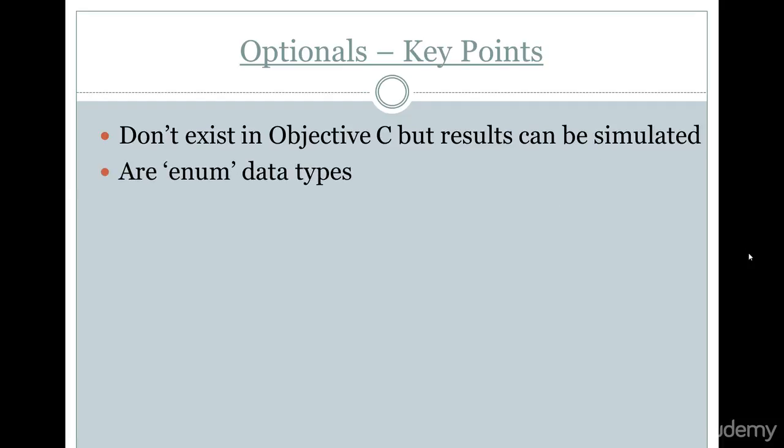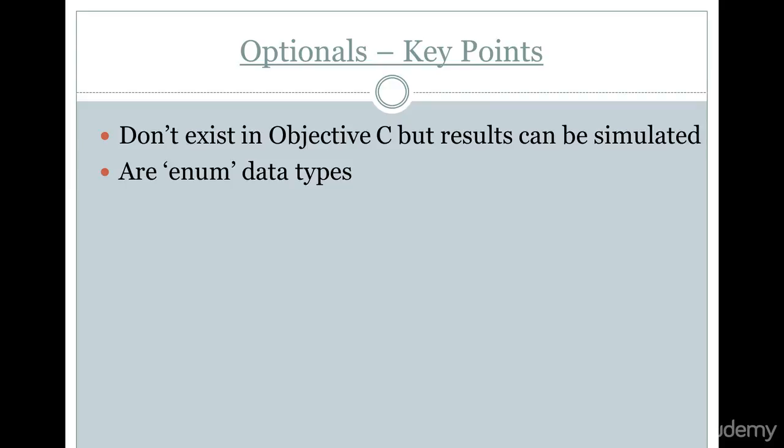Next, within Swift, an optional is an enum data type. Now, I know we have not talked about these. Enum, or enum as it's sometimes called as well, stands for enumerated. It's an enumerated data type, so it's a data type that can take many different values. And within Swift, if we're thinking of an optional, it is an enum data type that essentially has one value being some value, whatever value you wanted to put into it, and the other value being none, or what can be referred to as nil.